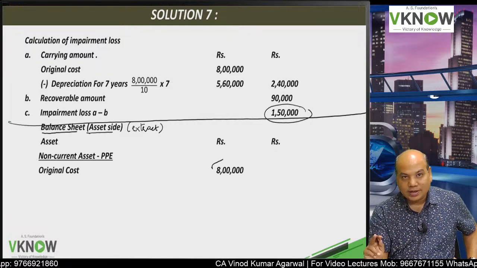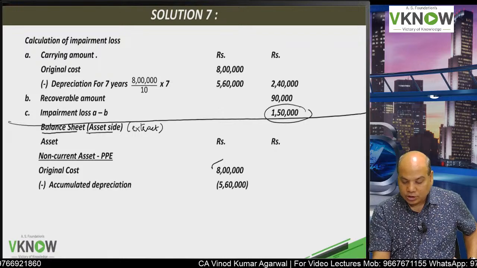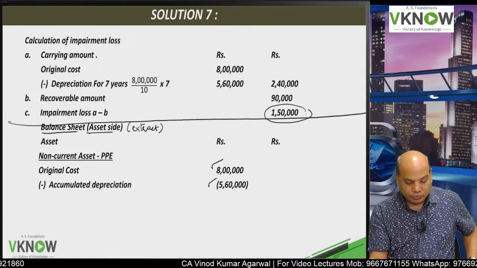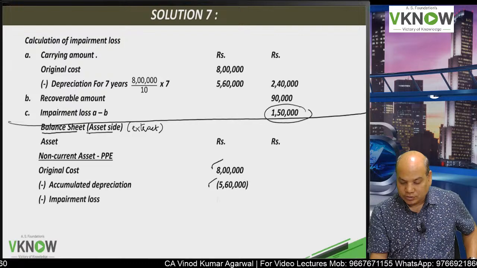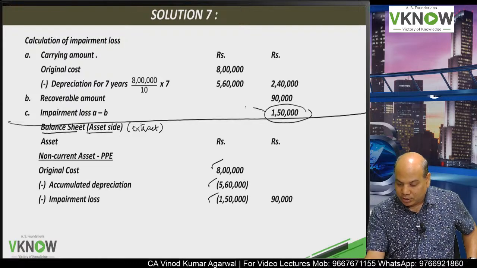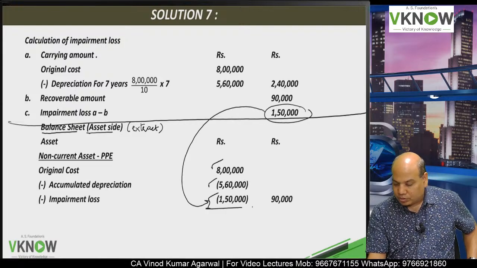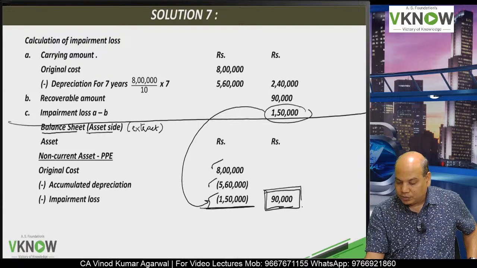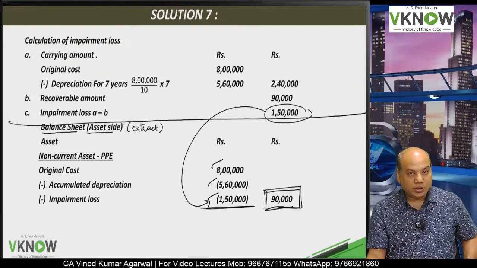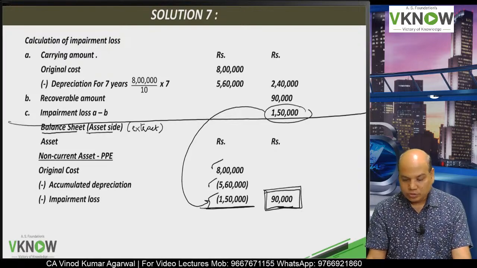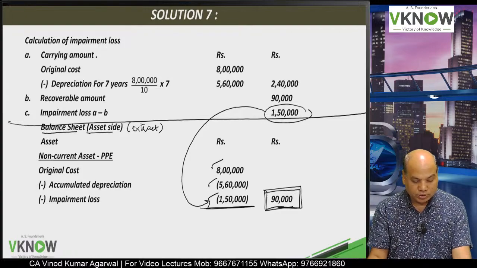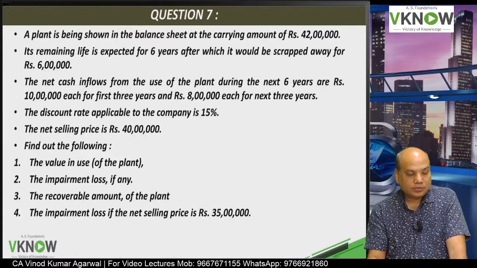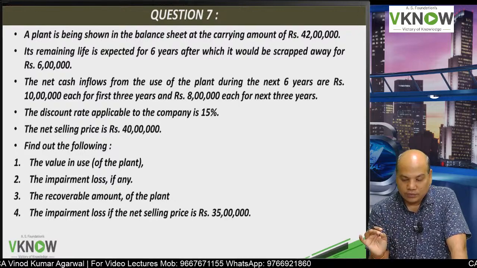Original cost is 8 lakh, less accumulated depreciation 5,60,000, and less impairment loss 1,50,000. So now the carrying amount after providing impairment loss would be 90,000. So this type of basic questions are asked from a student at your level.